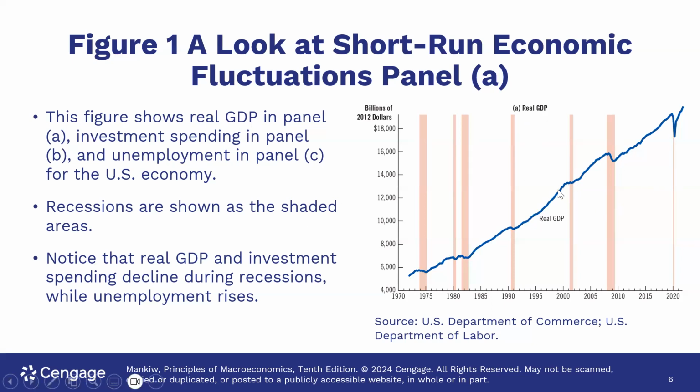For example, in 2001, after the 9/11 terrorist attack, you can see the growth rate of real GDP became stagnated. It stopped growing during that period, and we call that period a recession, right? So it is unnecessary to be a decline of the real GDP. If the growth rate becomes dramatically slower, then we can also consider that as a recession. That is one thing that I want you to notice.